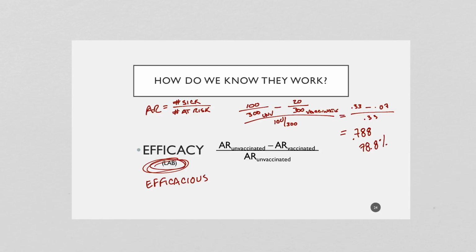Of course, there are some vaccines that are not as efficacious as others, as we will see, and there are also some vaccines that are very efficacious in the lab setting and the clinical trial setting, but when it comes to the real world, they turn out to be not as effective. And again, this is because these are ideal clinical conditions where we pick the people who are going to be participating in the study.